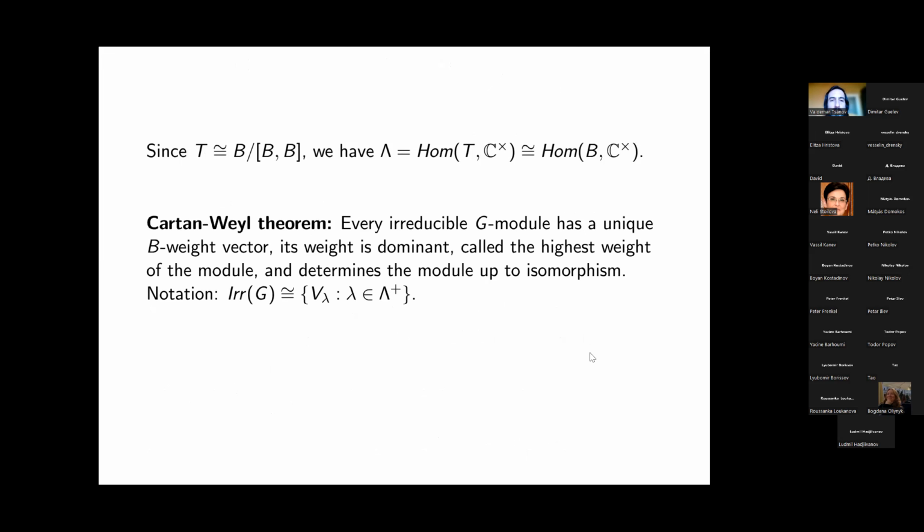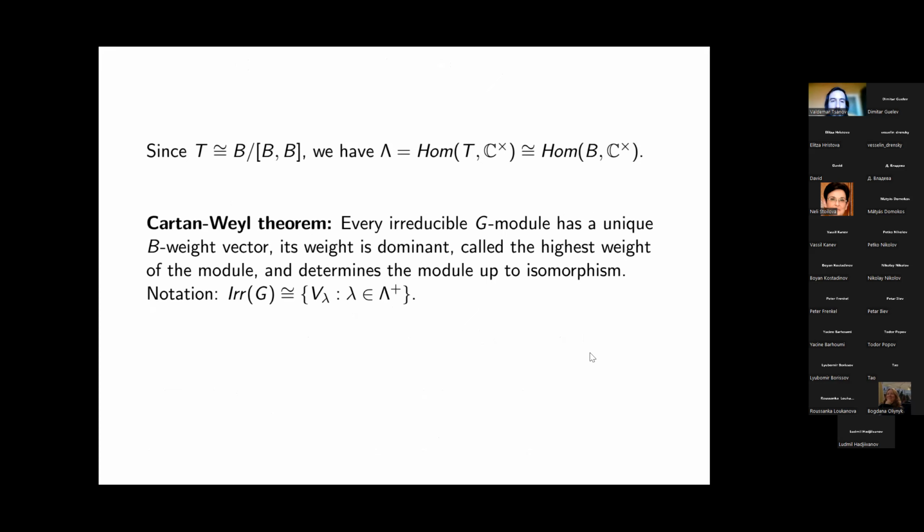And there is a theorem of Cartan-Weyl, which tells us that the irreducible representations of G are parameterized by this simplicial semigroup, lambda plus, the set of dominant weights.